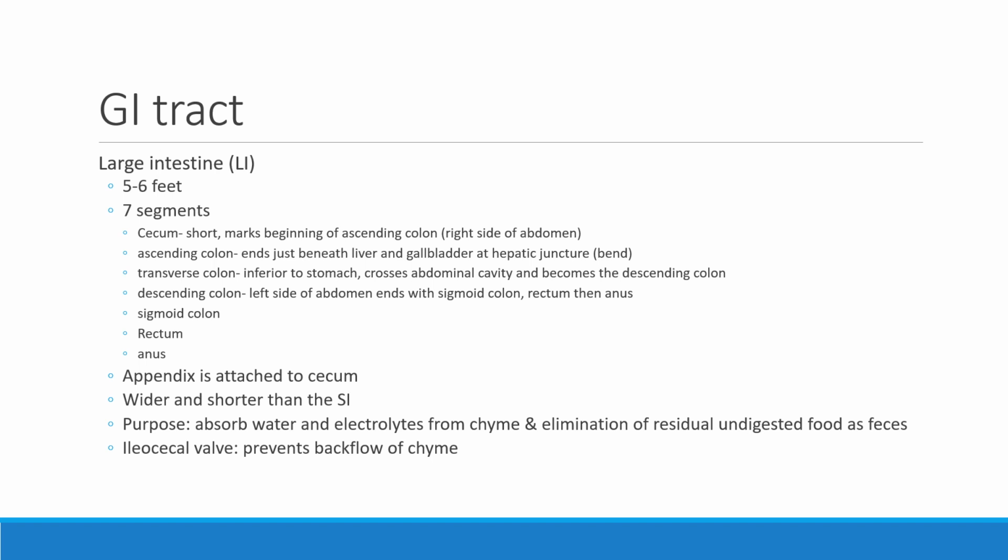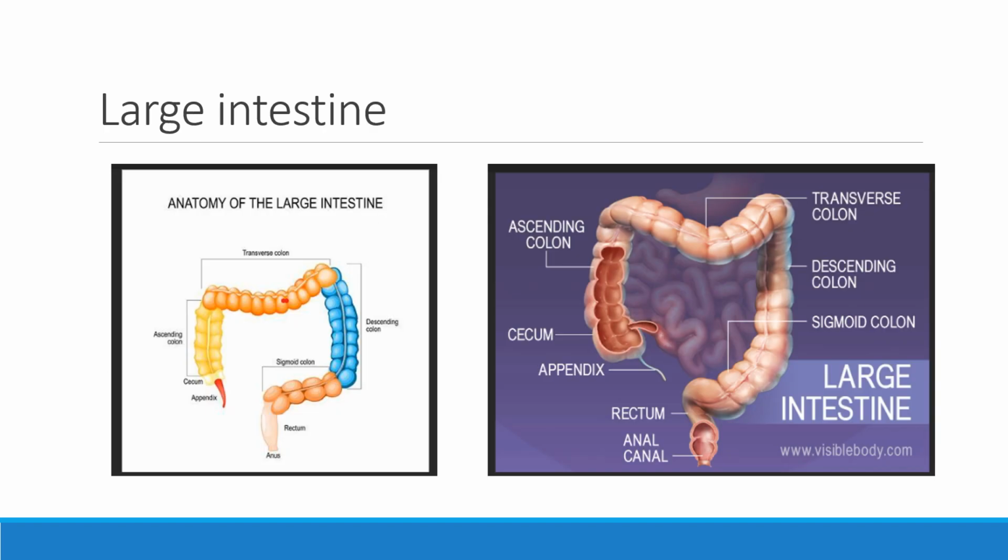The large intestine is wider and shorter than the small intestine, and the primary job of the large intestine is to absorb water and electrolytes from chyme and eliminate residual undigested food as feces. The ileocecal valve prevents backflow of chyme into the small intestine.